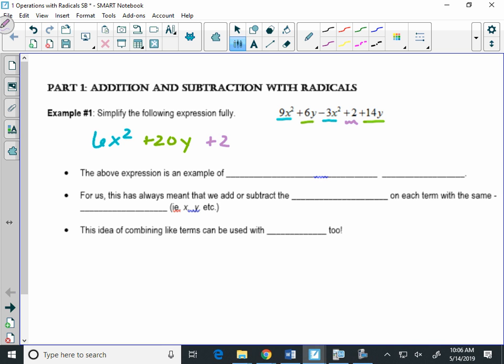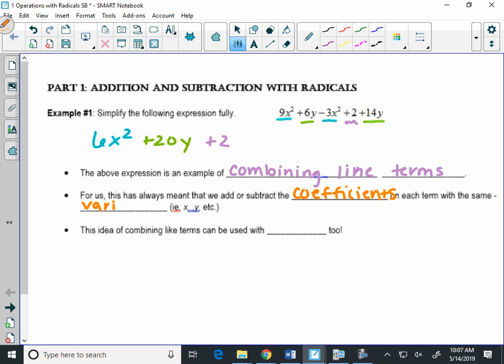So this is an example of, we just said it, combining like terms. For us, this has always meant that we should add or subtract the coefficients on each term with the same variable.